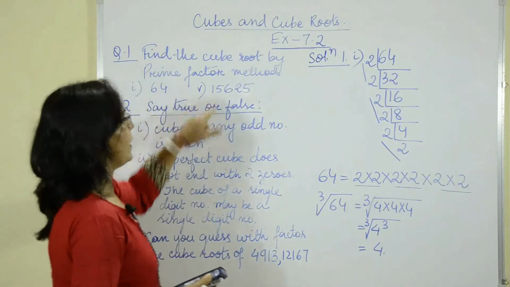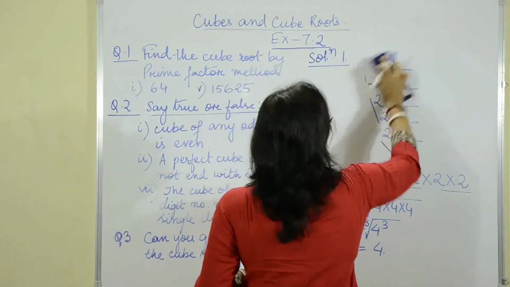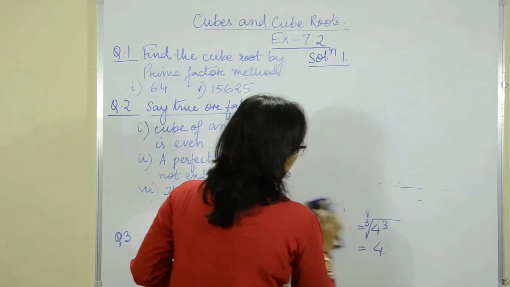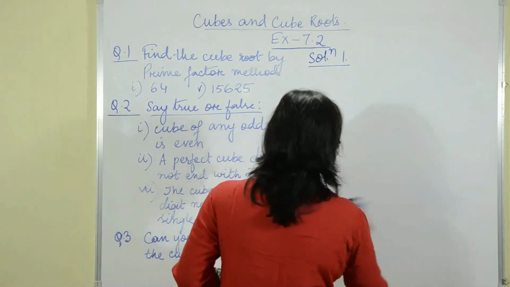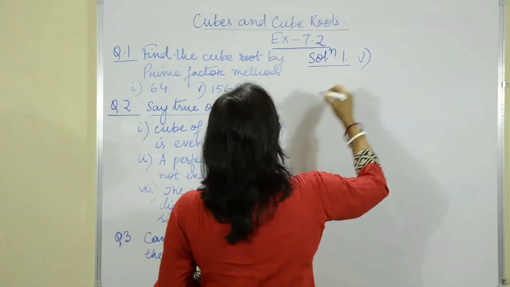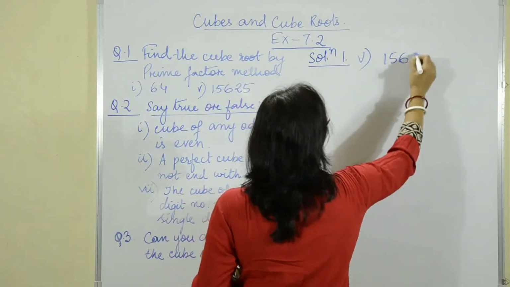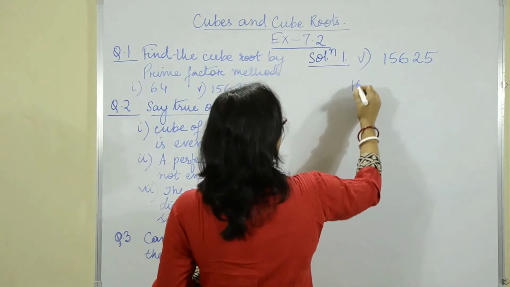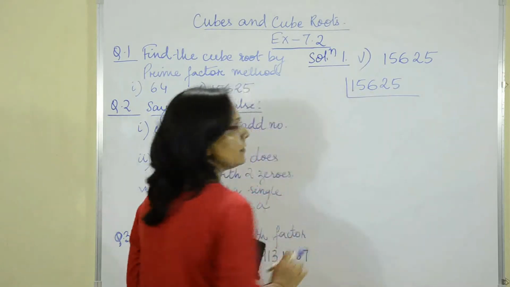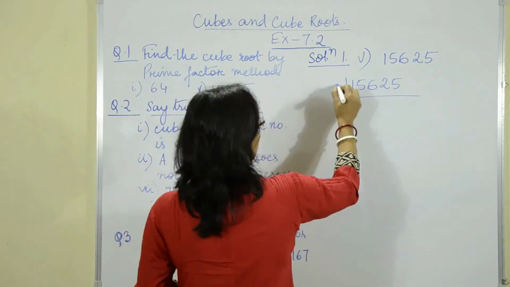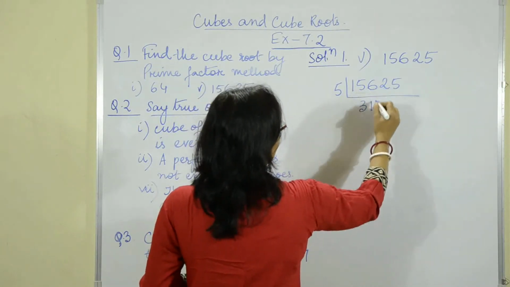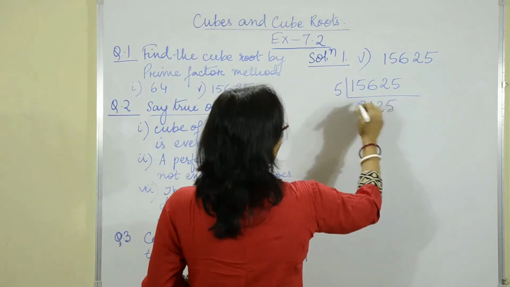Next, I go to question number 5. After 1 I am going to 5. There are almost 10 questions in number 1, which I want you to practice on your own. Question 5 is 15625. Since the unit place digit is 5, I know the number is divisible by 5 for sure. 5 3s are 15, 5 1s are 5, 5 2s are 10, and 5 5s are 25.